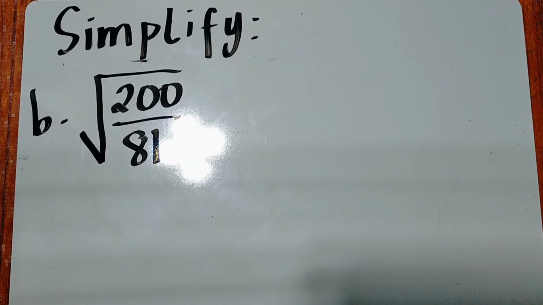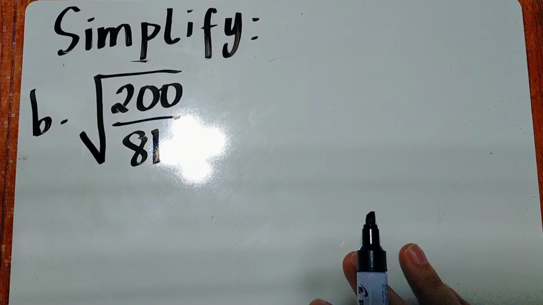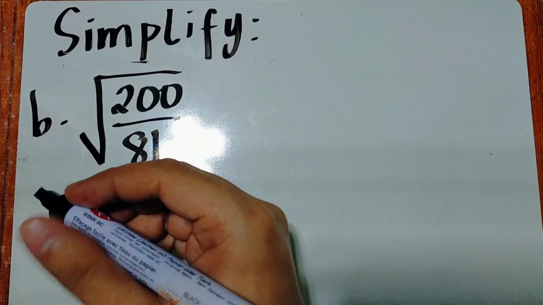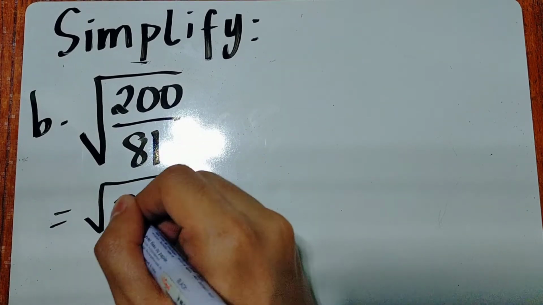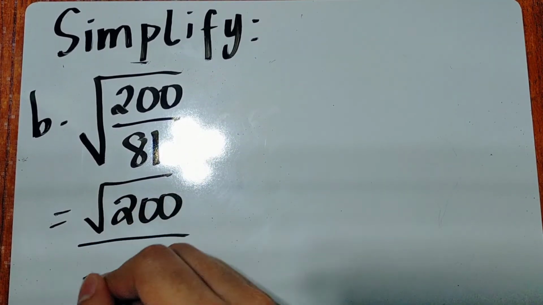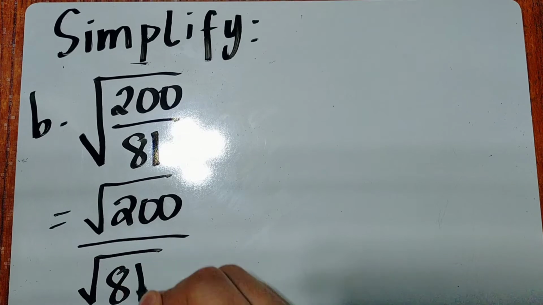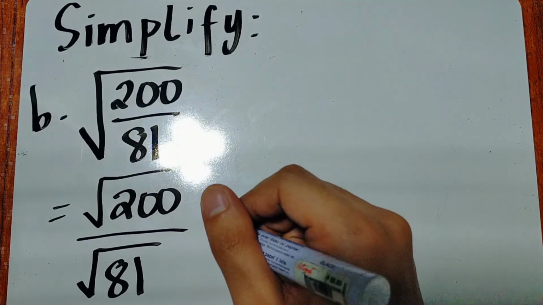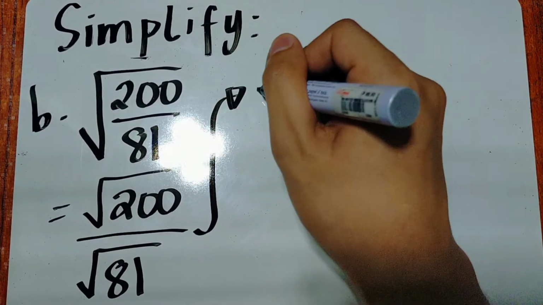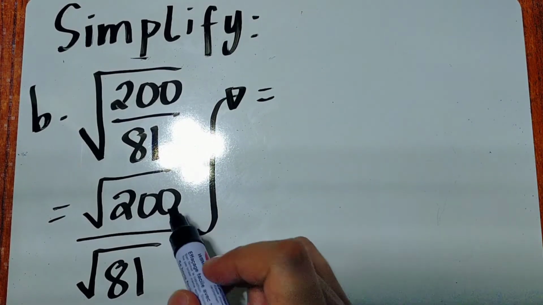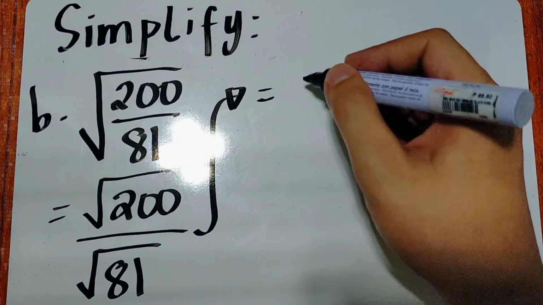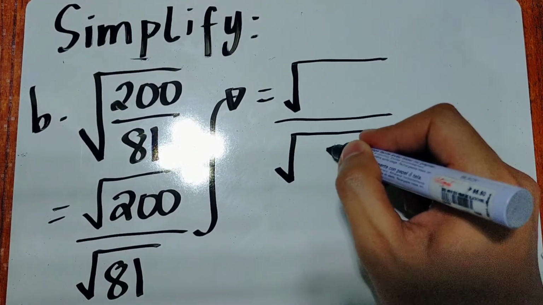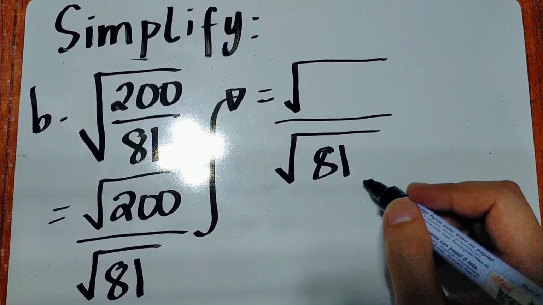Okay, next example that we have here is the square root of 200 over 81. Katulad ng kanina, paghihiwalay lang natin sila. So, that would be the square root of 200 over the square root of 81. We also know that 200 is not a perfect square, so hahanap ulit tayo ng factor niya na may perfect square, and 81 is a perfect square naman.